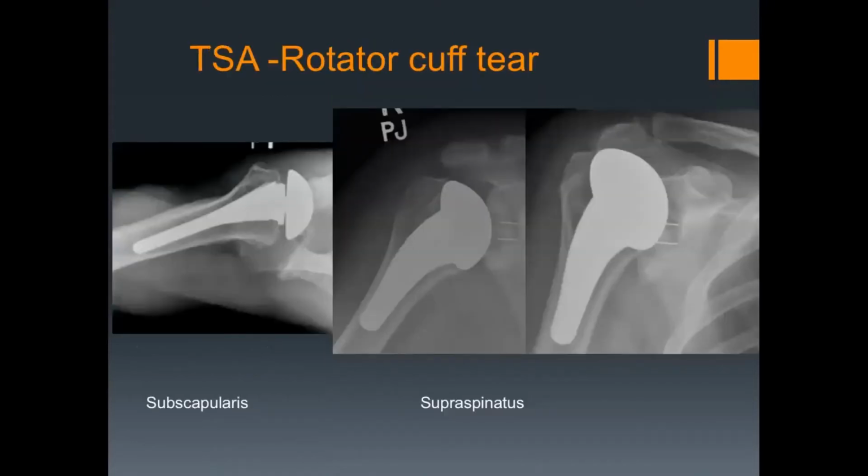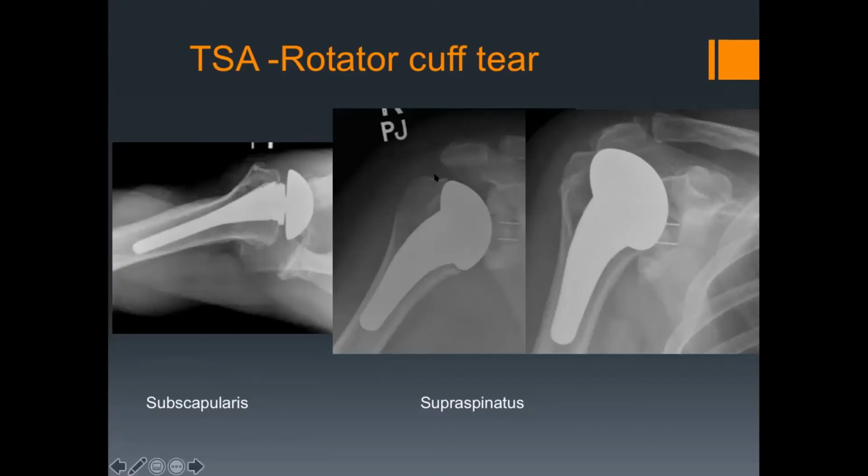So the commonest complication of total shoulder arthroplasty is rotator cuff tear. It's one of the common complications. In particular, the subscapularis tendon tends to fail. So this is an example here, an axial view showing an anteriorly dislocated humeral component related to complete subscapularis tear.